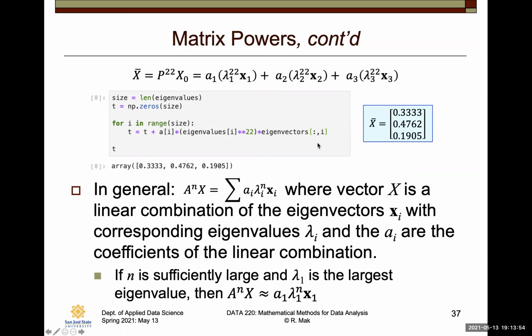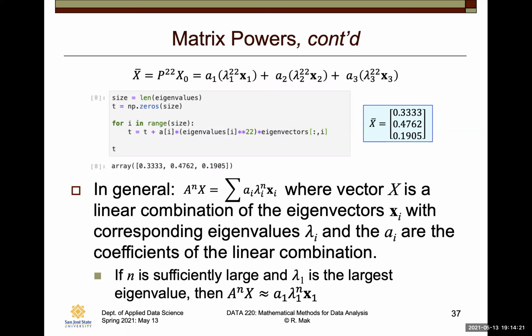We end up with this value, which of course is what we had calculated initially. So we did manage to calculate x bar without actually having to raise P to the 22nd power.